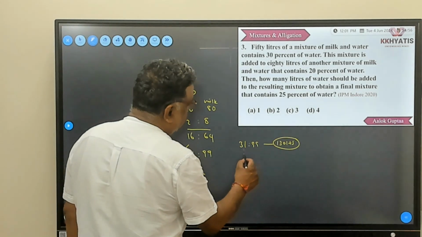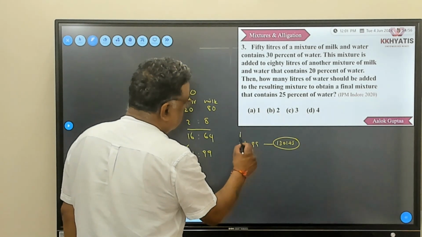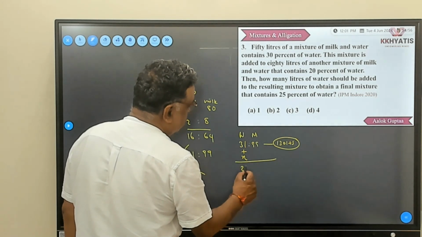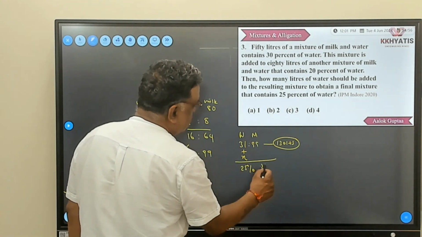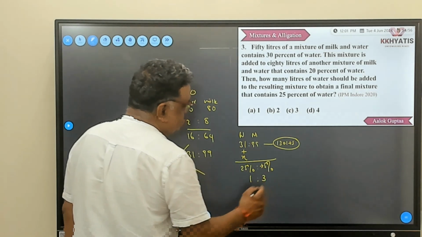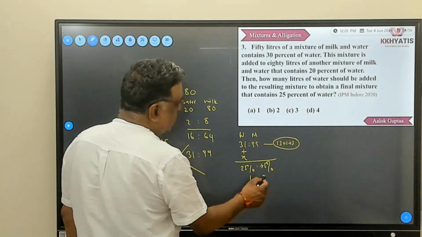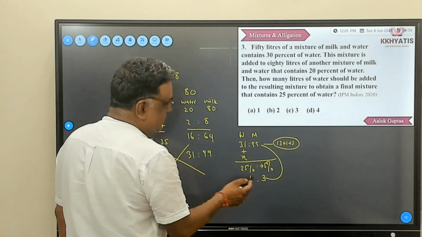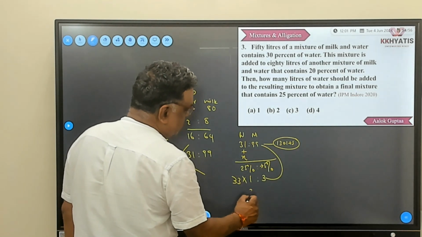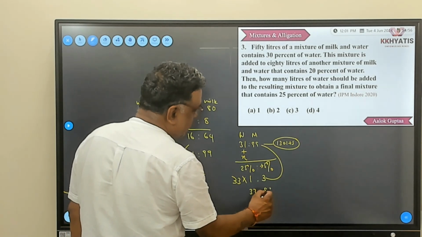Now I need to add water to this. This is water and this is milk. So that my proportion of water here is 25% and this will be 75%, which means the ratio should be 1:3. Now the milk is not changing. So let us make milk the same by multiplying this by 33. So this will become 33:99.